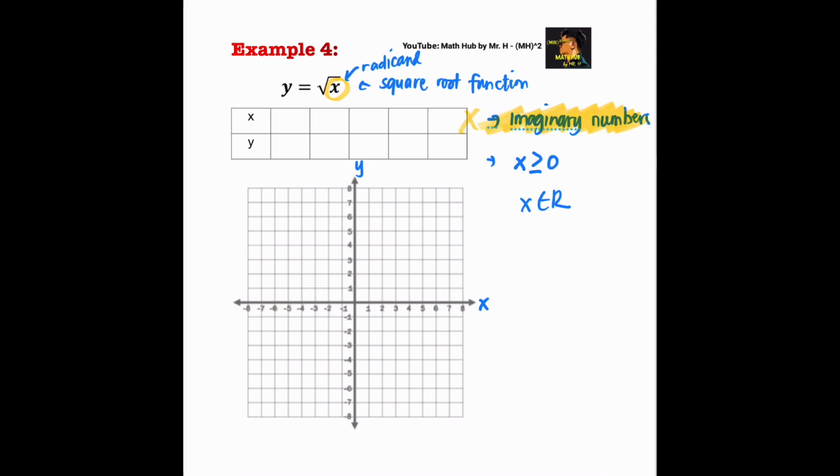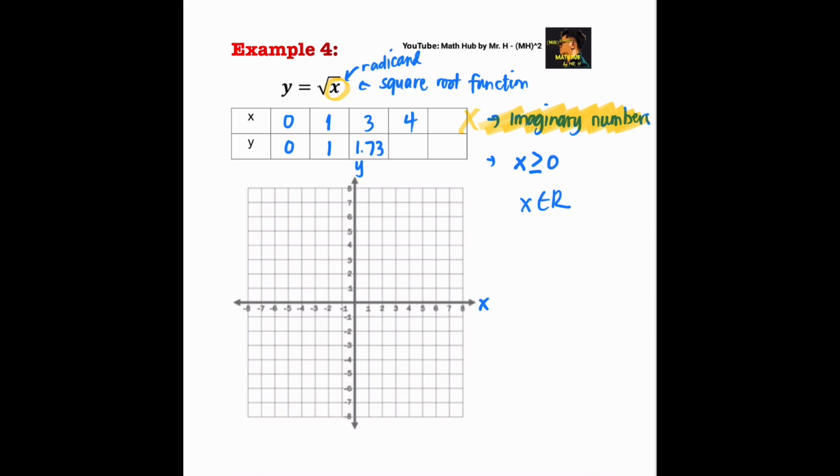So we start from 0, and then we pick 1 for x as well, and let's pick 3 and then 4. If x is 0, the square root of 0 is 0. If x is 1, the square root of 1 is 1. Now, if x is 3, the square root of 3 is 1.73.